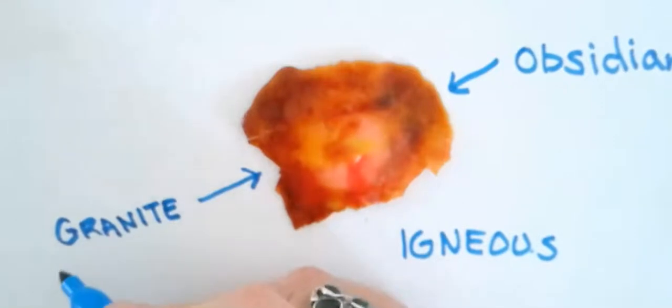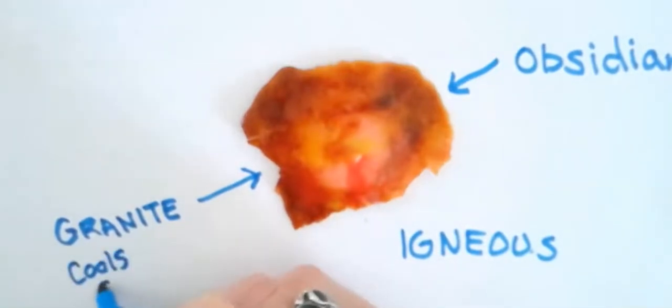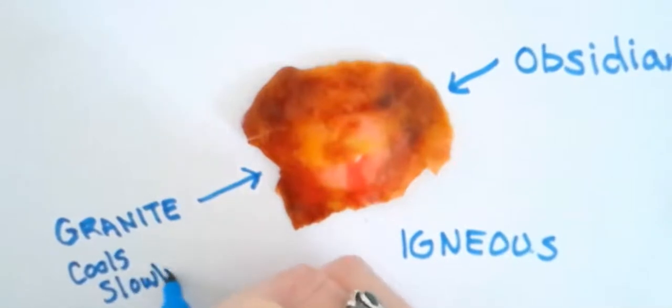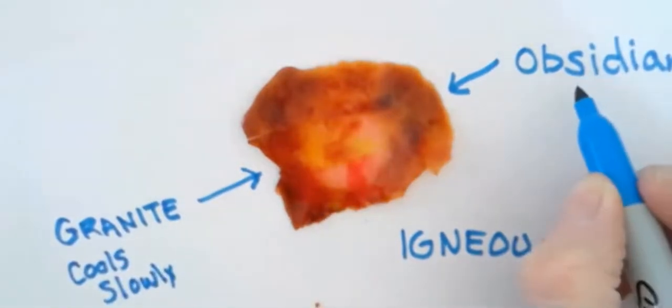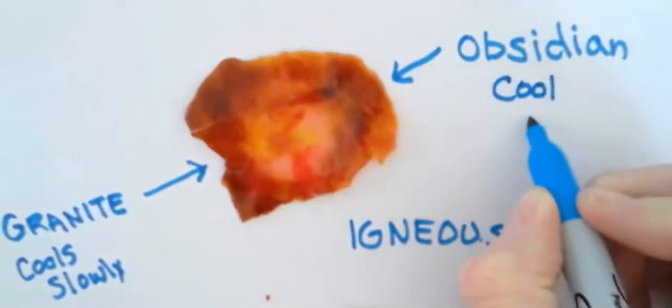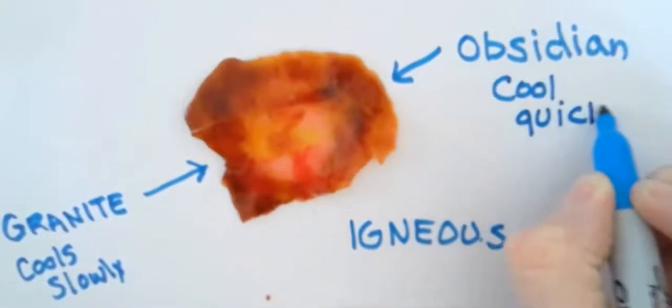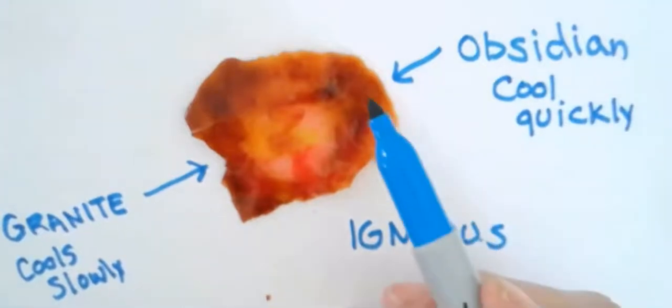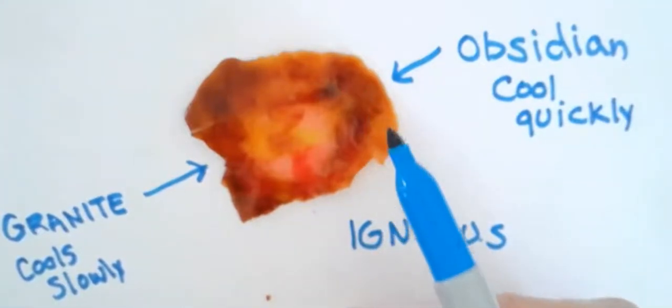And granite cools slowly. So we have larger crystal sizes, right? And obsidian is going to cool quickly. And as a result, we don't have those big crystals. We have more of a smooth surface.